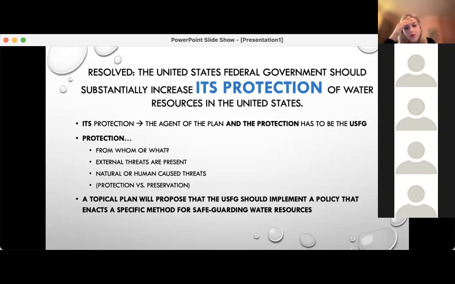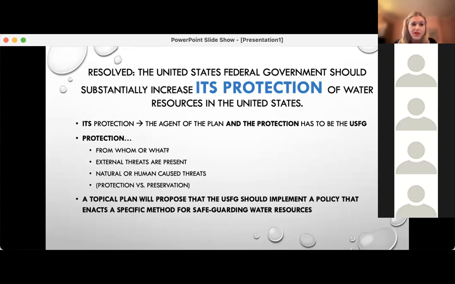So a topical plan will propose, and has the burden of proof, that the United States federal government will implement a specific policy that will safeguard water resources from harm. Before the plan is read, there will be an outlining of what resources are in jeopardy, what resources are threatened.